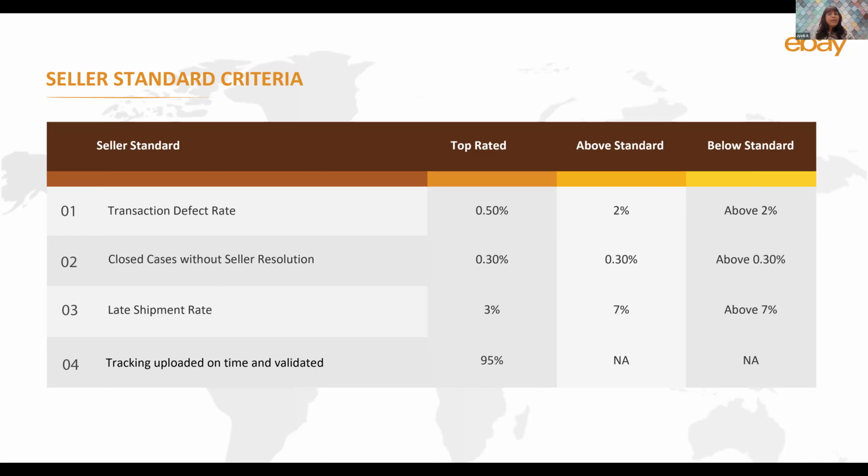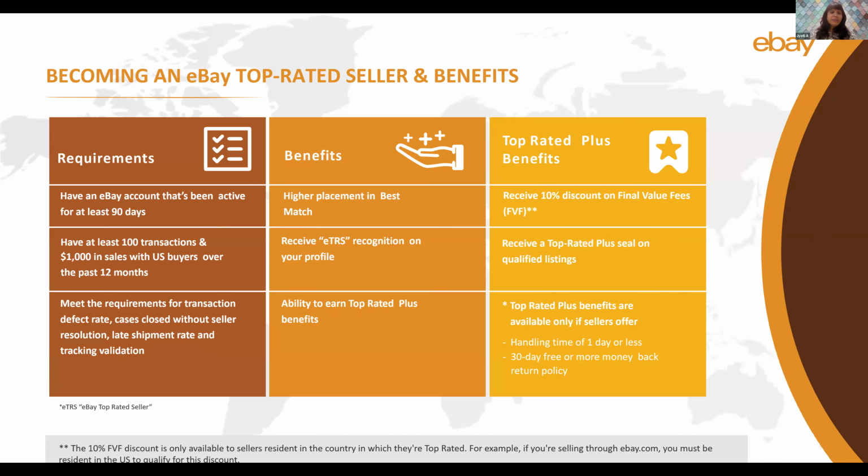Talking about becoming an eBay top rated seller. Becoming an eBay top rated seller indicates that you consistently deliver outstanding customer service. It also means that you are eligible to receive a prominent top rated plus seal on qualifying listings.